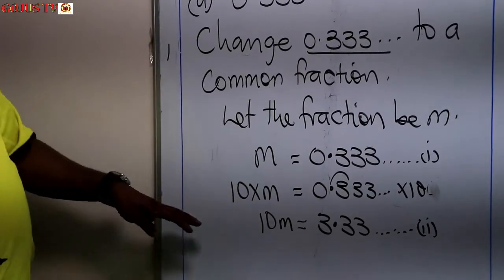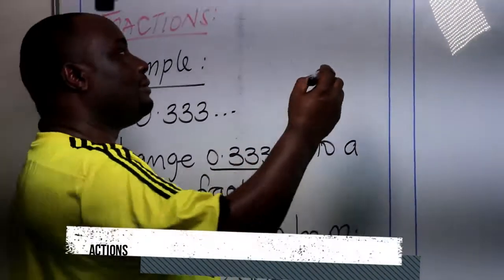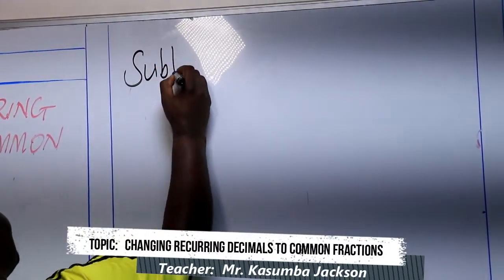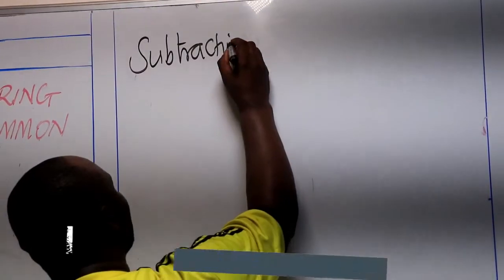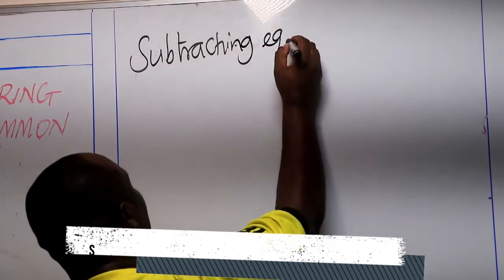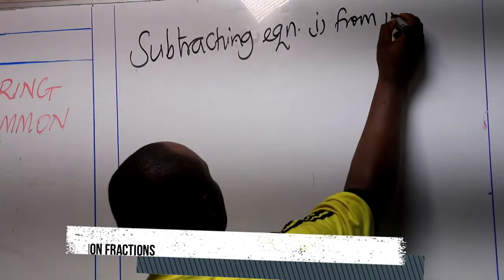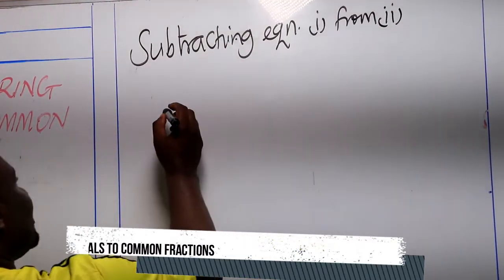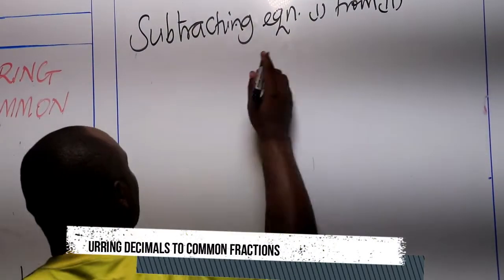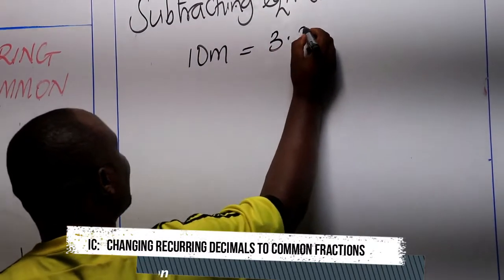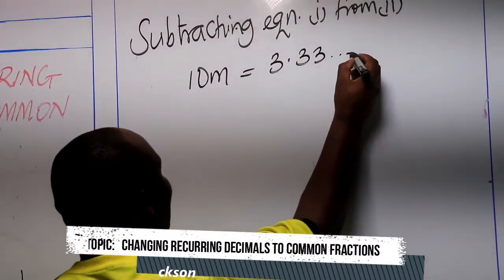So what I'm going to do on my next step, we shall be subtracting equation 1 from equation 2. Equation 2, which we must start with, is 10m, which is equivalent to 3.33 recurring.